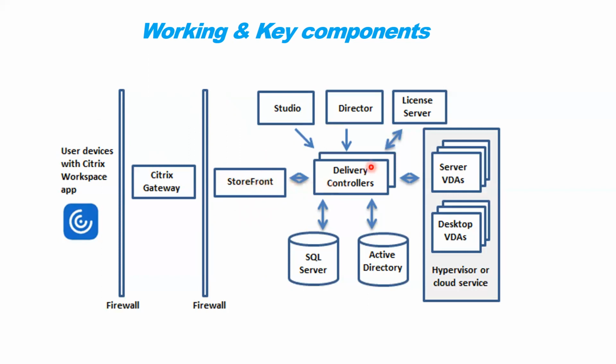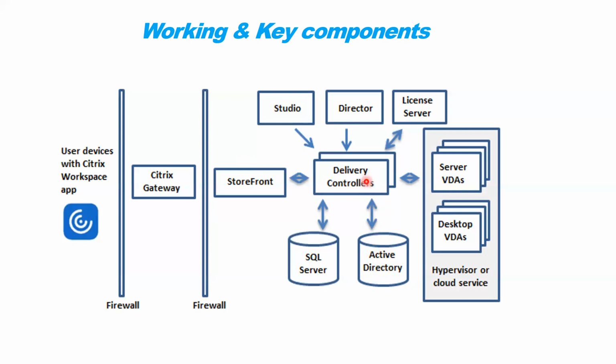Once the credentials are entered, the request goes to the delivery controller, and from the delivery controller it is redirected to the Active Directory server for authentication, right? Once the Active Directory server approves the authentication, the request goes back to the delivery controller.